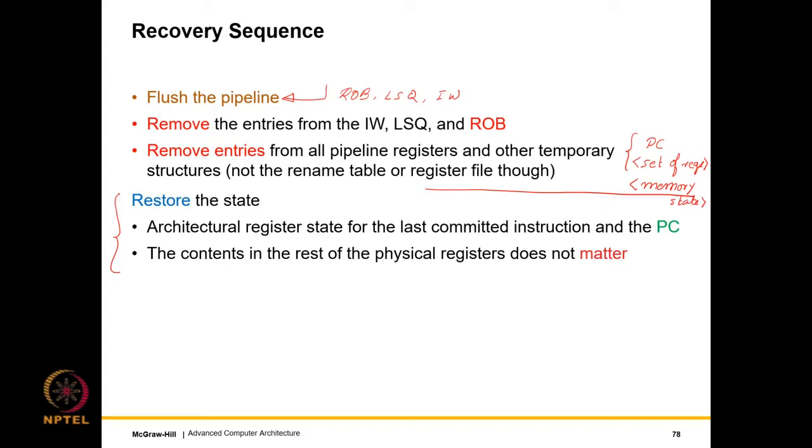Now that we know the correct target and the outcome of the branch, at least this branch will not suffer from a misprediction. So what do we precisely need to do? Well, we need to recover the architectural register state of the last committed instruction, which is the instruction that was committed just before the branch.